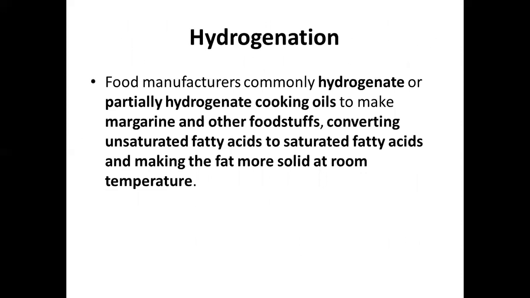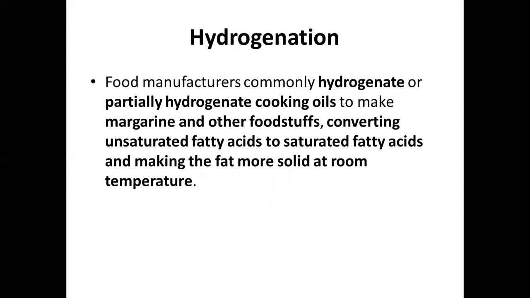So when you look at hydrogenation, this is an industrial process which manufacturers can use. So they do hydrogenate or partially hydrogenate cooking oil, for example, to make margarine or other foodstuffs. So during hydrogenation, with the addition of hydrogen atoms, we find that these unsaturated fat acids are converted to saturated fat acids.